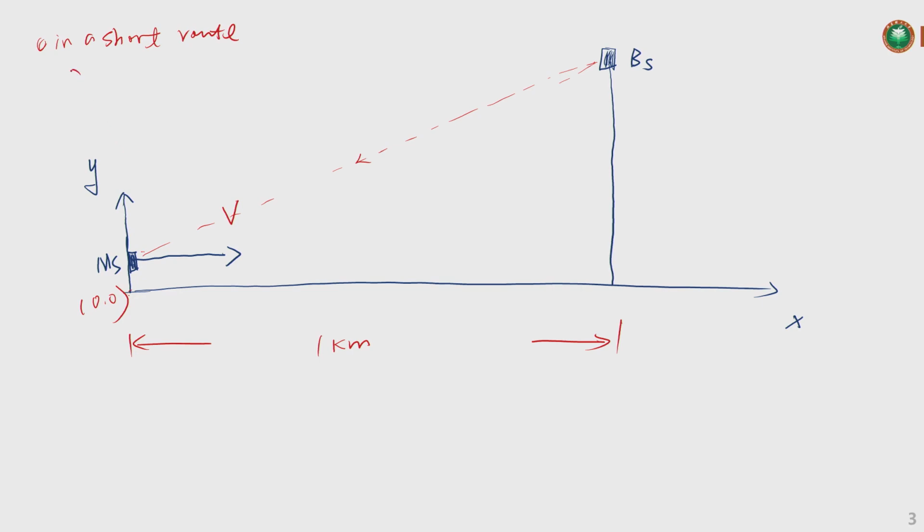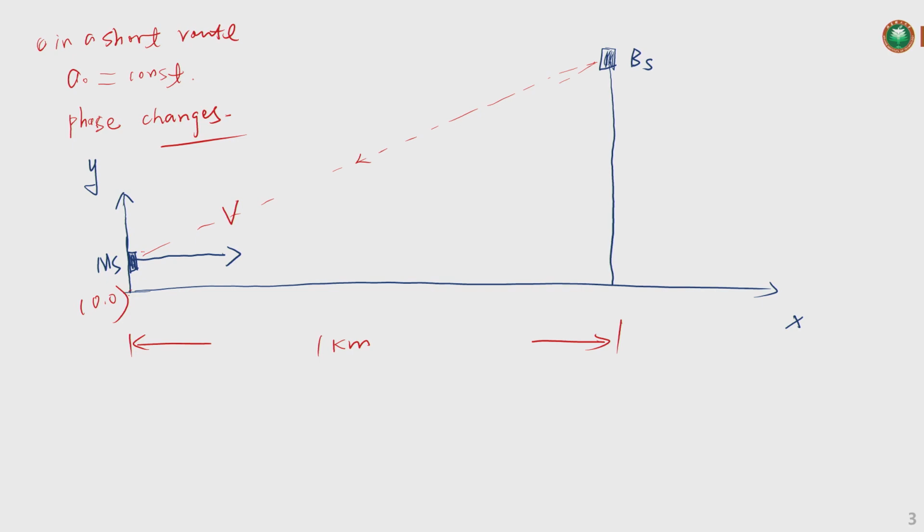So amplitude a node is a constant in a short route. The magnitude of the received signal is constant, and the only thing that changes is the phase part. So the phase changes rapidly.